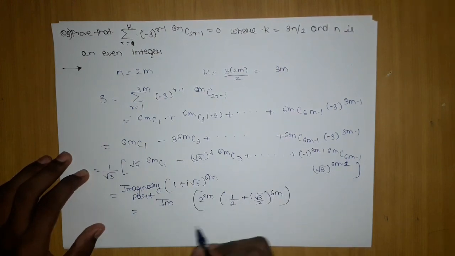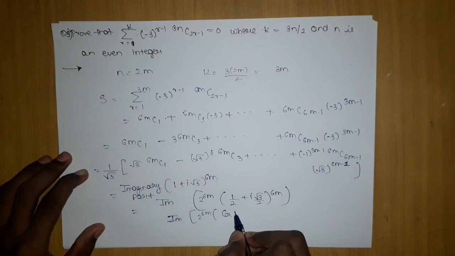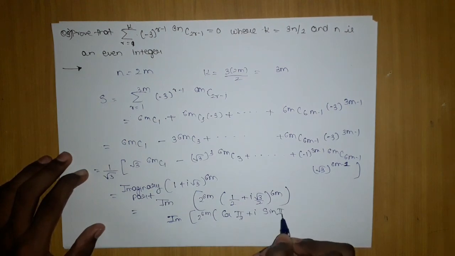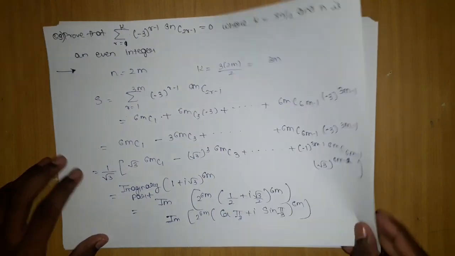Now I have to express it in cis theta, so 2 power 6m into cos pi by 3 plus i sin pi by 3. So you can see clearly we have expressed this in cis theta format.